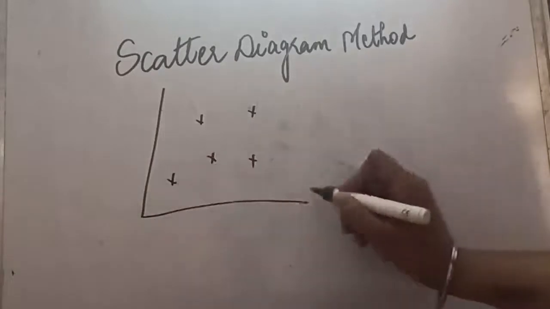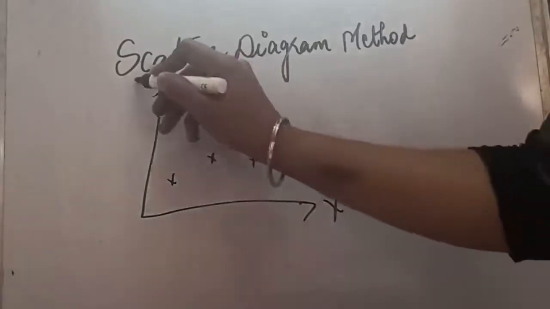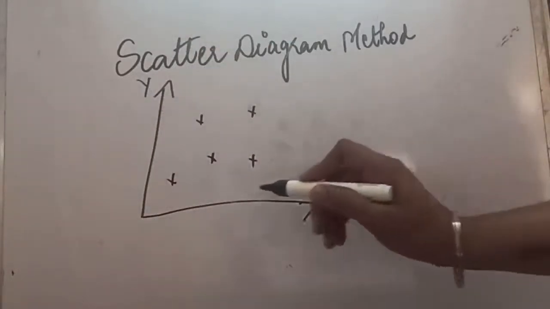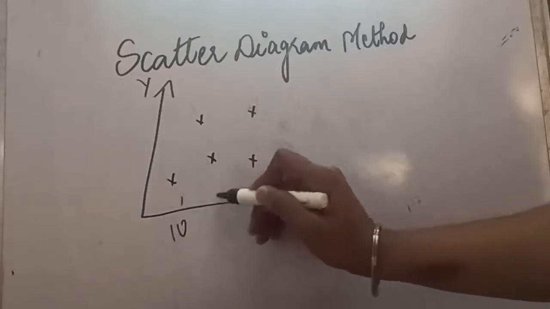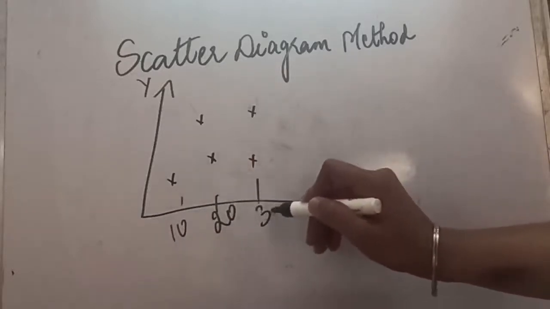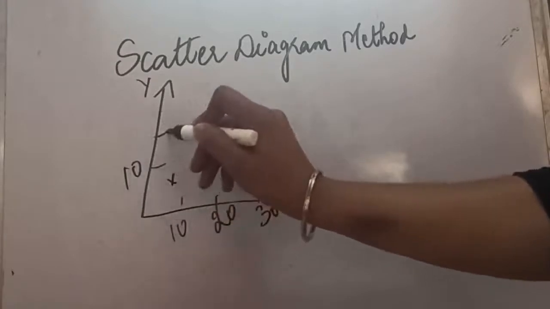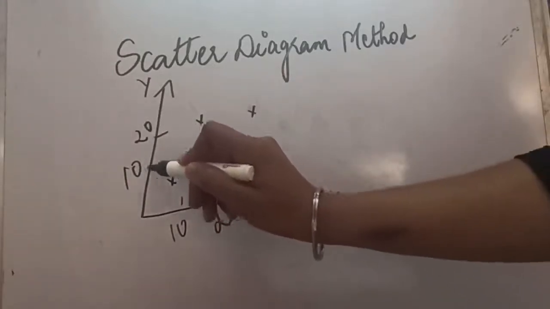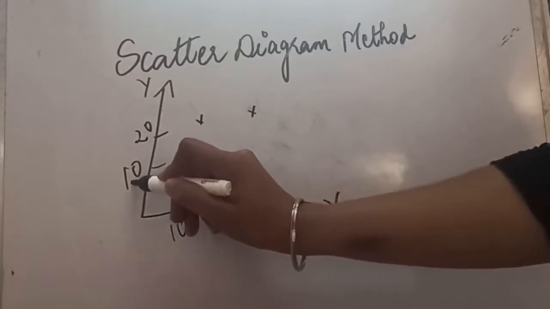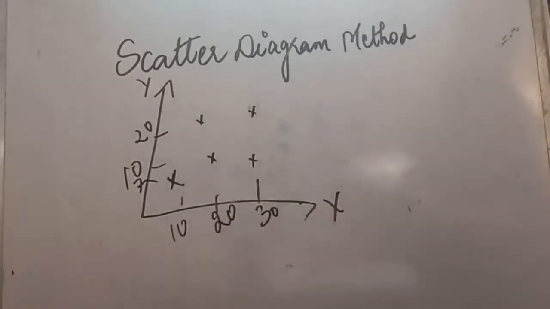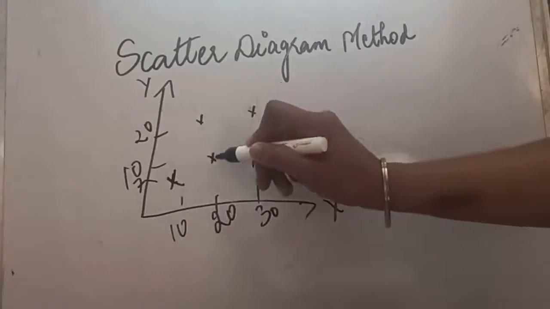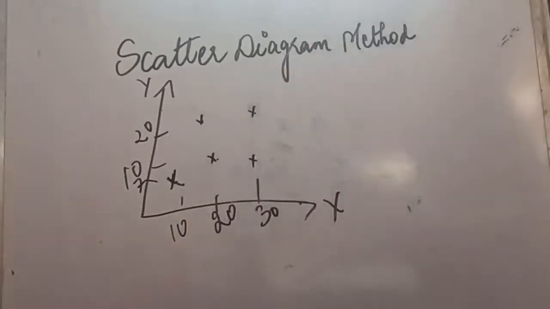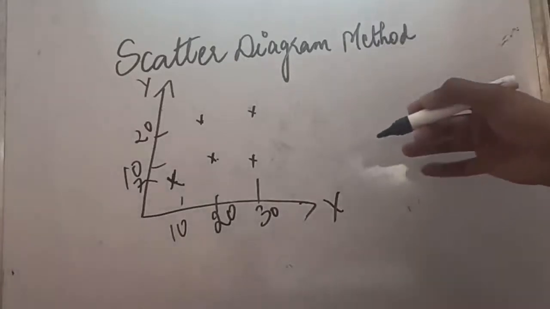For example, this is our x-axis and this is our y-axis, and you have been told that on the x-axis this is 10, this is 20, this is 30. On x you have to take 10, so we have put up a 10, and from here, for example, we have to take a 7, so we have put up like this. So like this you just put the points and you do not join these points, and from here we find out whether there is correlation or not.